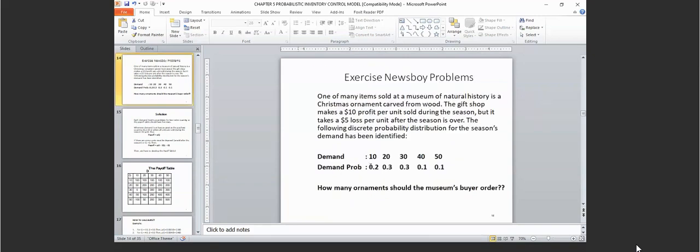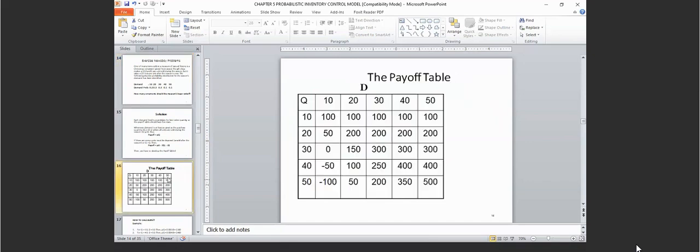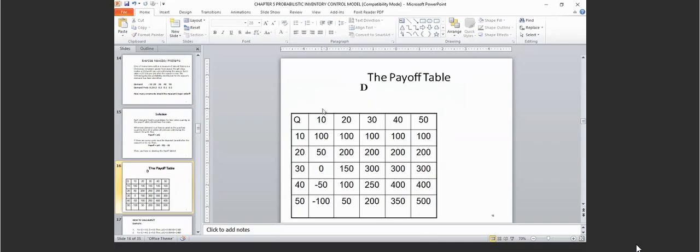We have the probability demand of 0.2, 0.3, 0.3, and 0.1, and 0.1, right? So, let's say we put the probability information close to this table.